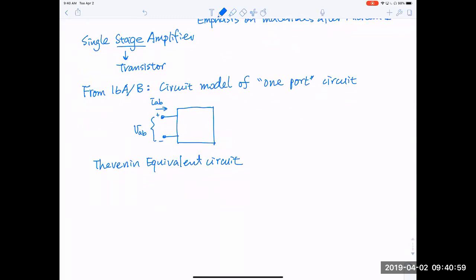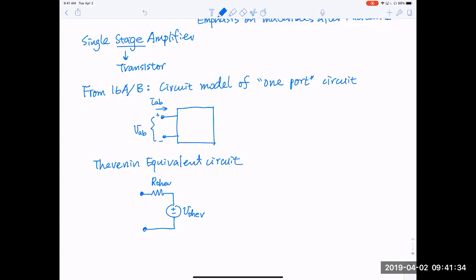So in the Thevenin equivalent circuit, I will represent this block of circuits by a series resistance and whatever voltage source is there, I will represent it by these two circuit elements. So this is called the Thevenin equivalent voltage, and this is the Thevenin equivalent resistance.